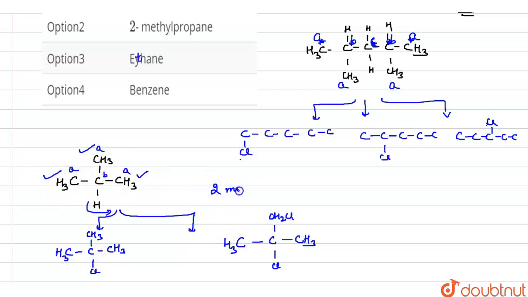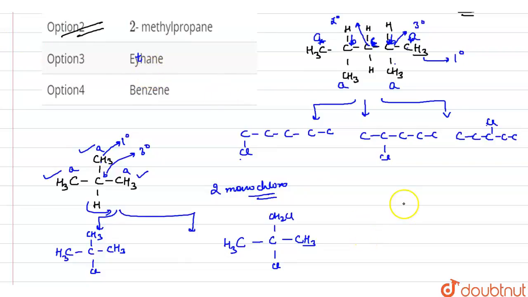Overall we have only two monochloro derivatives, because there are two types of carbons: this is the tertiary carbon, attached to three carbons, and this is the primary carbon. So this is our answer, but let's see the other structures as well.